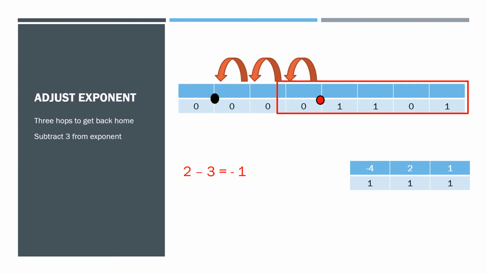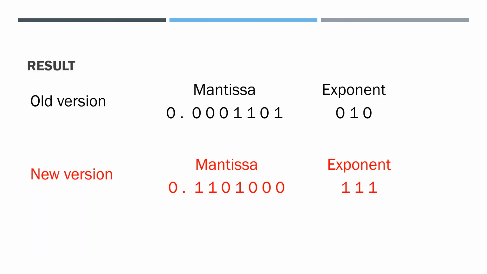To make things even easier, it's always a subtraction with normalization. You're always looking along the mantissa to find the pattern that you want. So it's always hops to the left, and so we always subtract from the exponent. So I've just set out the results on one slide so you can have a look at it.